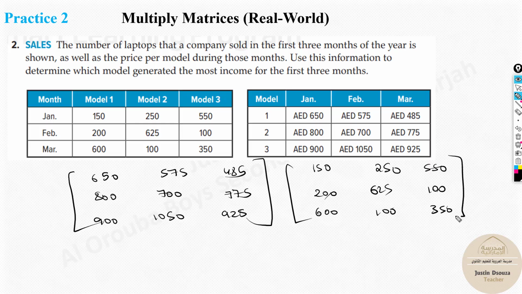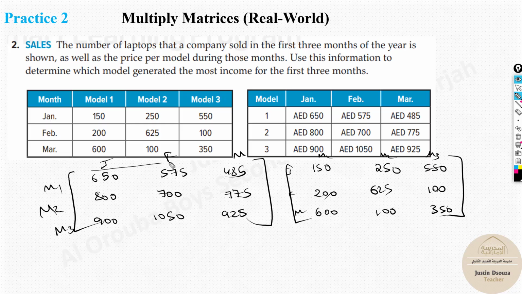So now let us see. This is all what? Jan, Feb, March, Model 1, 2, 3. Okay. Here, this will be Jan, Feb, March. This is what? Model 1. This is the first matrix I've written over here. Model 1, Model 2, Model 3.